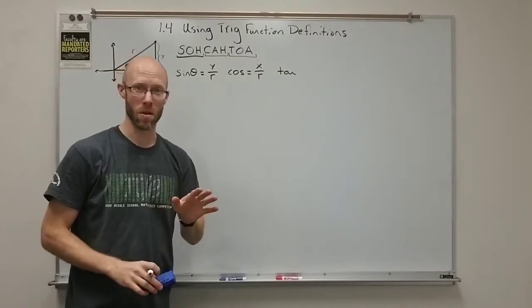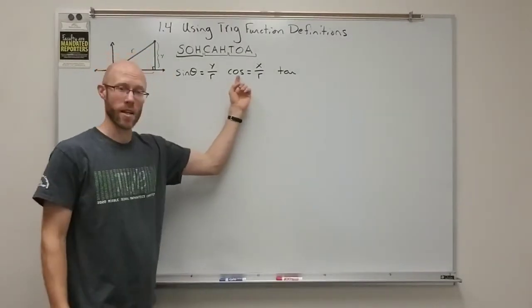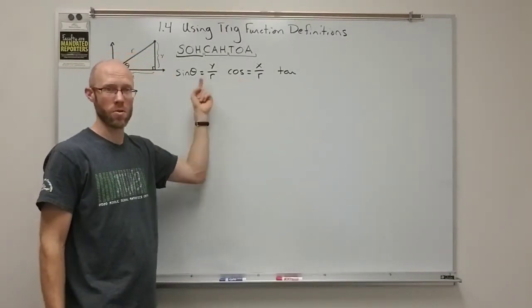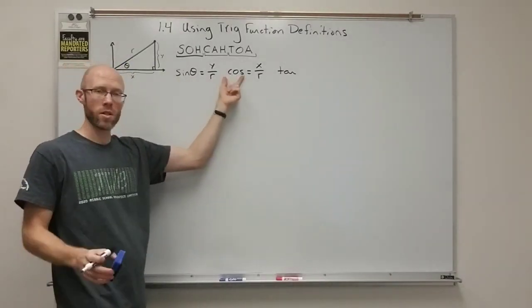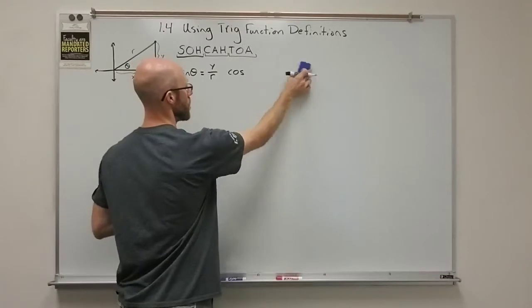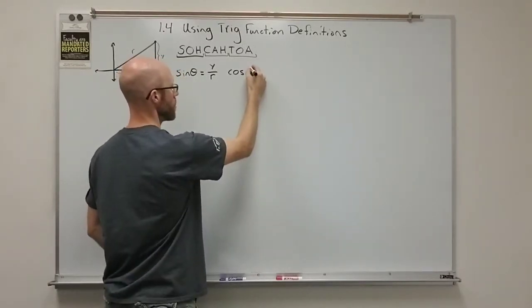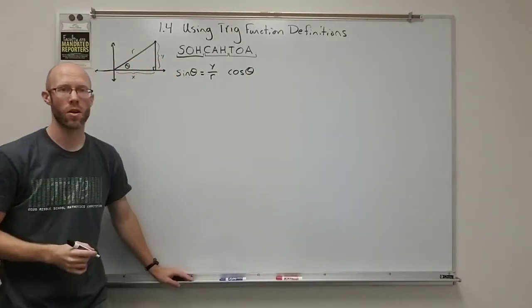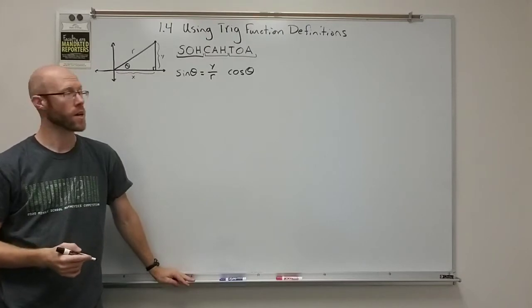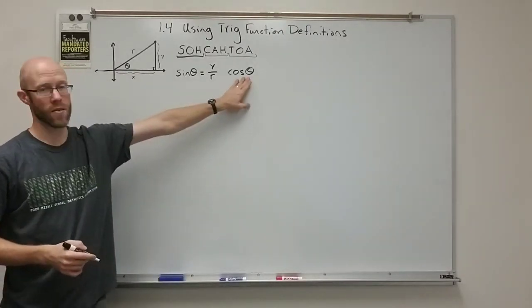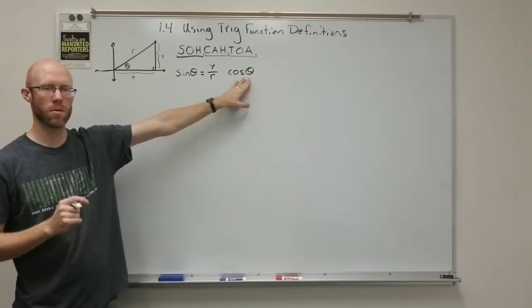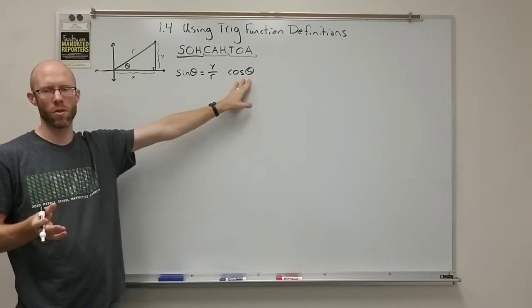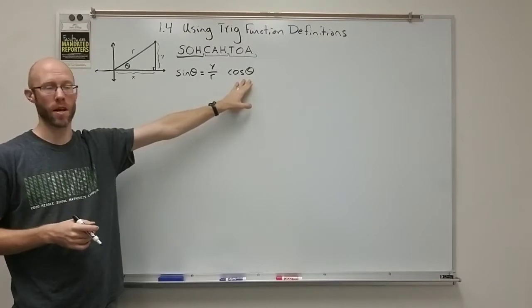Learn from me, this was a big mistake actually. I did not put a theta with this cosine, I did put a theta with this sine. You always have to have an angle with your trig function, okay? So, must have an angle there. We're going to call it theta. That's the typical variable that we use, although later in the course we'll change it up from time to time.